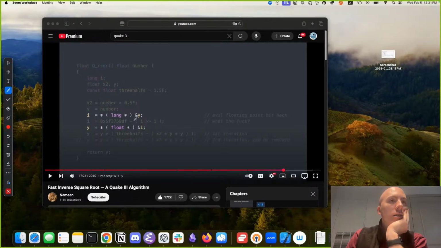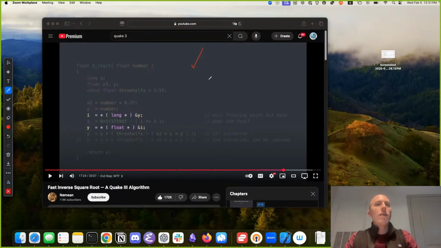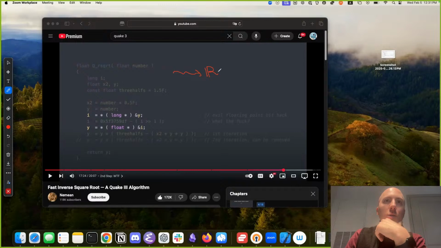Okay. So I is the bits of the floating point in there, and then we convert it back to a float. So that's good. I wanted to say that now we went back to a real number from the bits, but that's not the case.